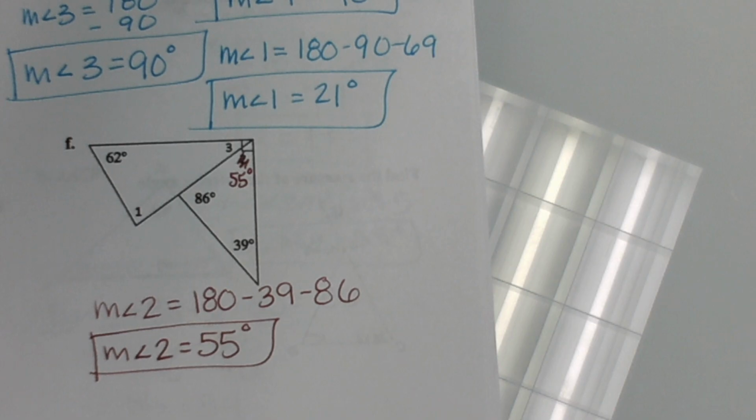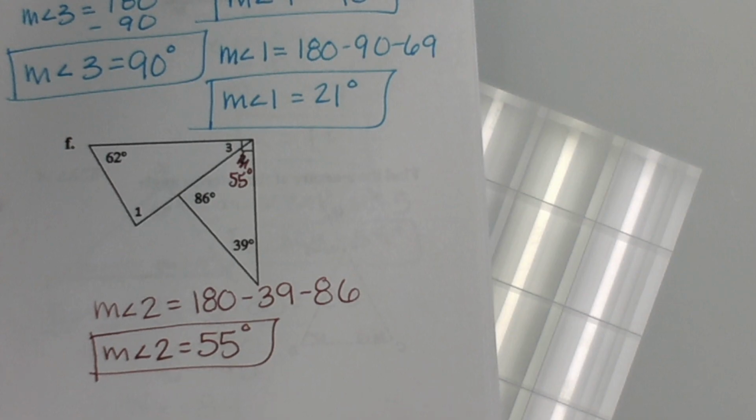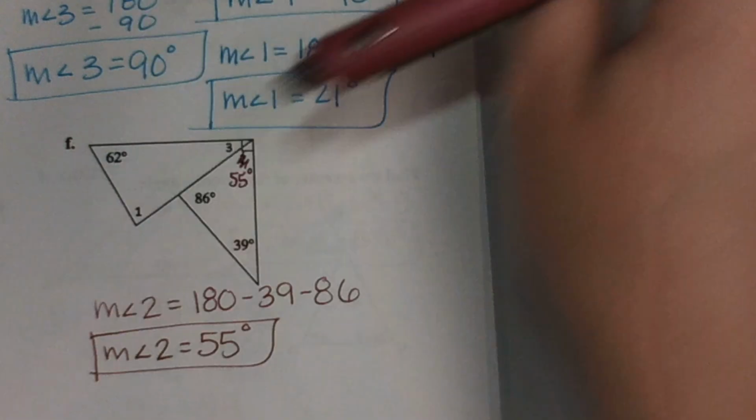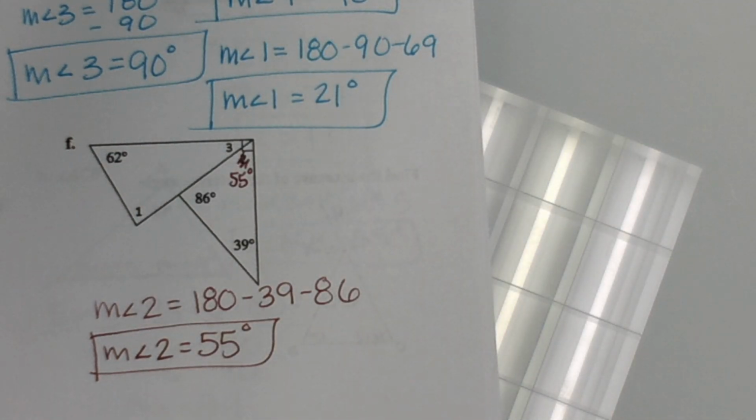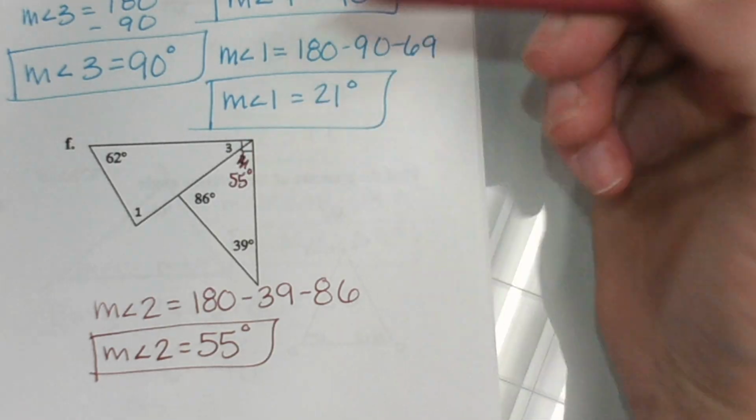I'm going to draw your name next. What angle do you think I should go after next? 1 or 3? 1. We don't have enough information for 1. We have to do 3. Now, 3's got something a little bit different about it. It's got the 90-degree angle, which means these two are going to add up to 90.